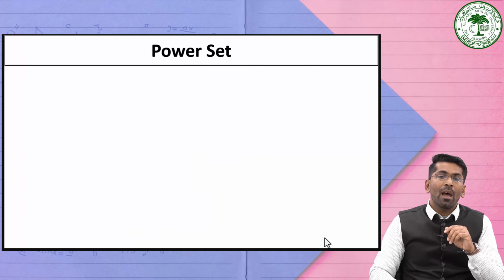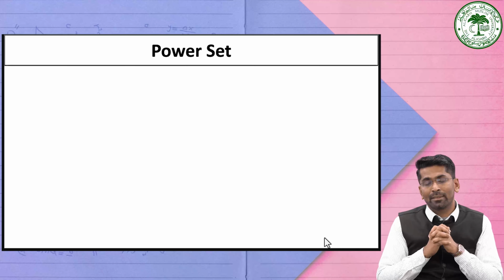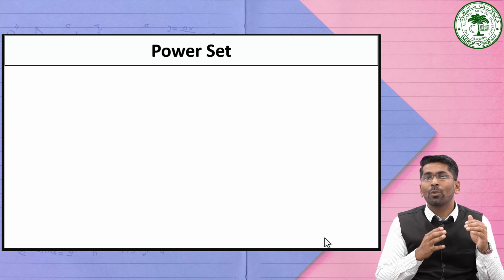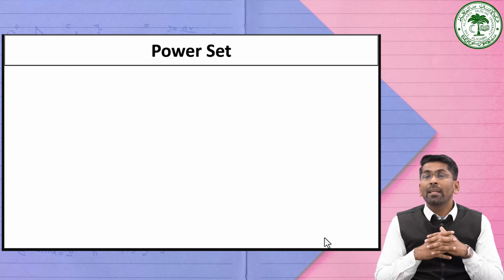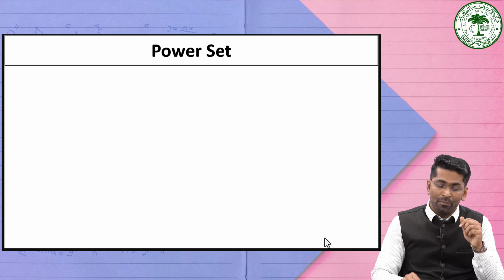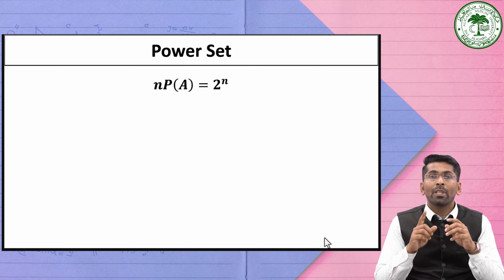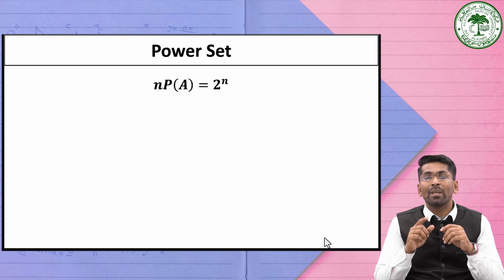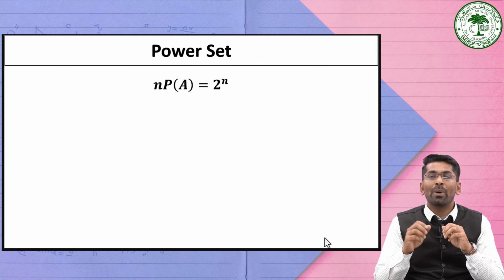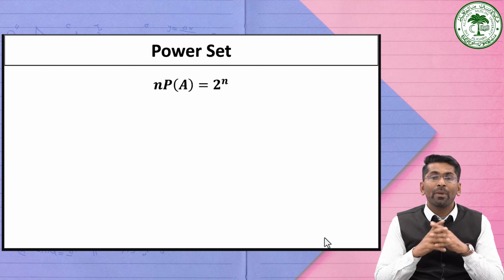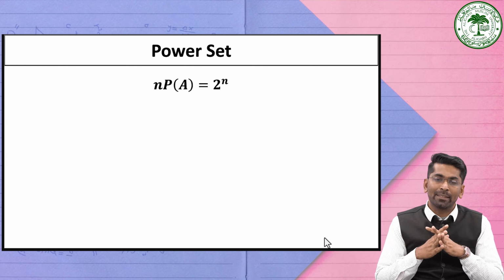So this power set includes all possible subsets of a given set. Now, if A has n elements, we just counted 1, 2, 3, but if A has n elements, then the number of all possible subsets can be found using a very simple formula: the number of elements in the power set, n(P(A)), is equal to 2 raised to the power n, where n is the number of elements.